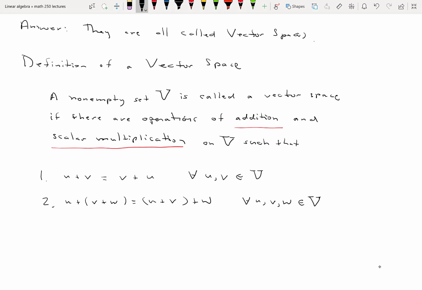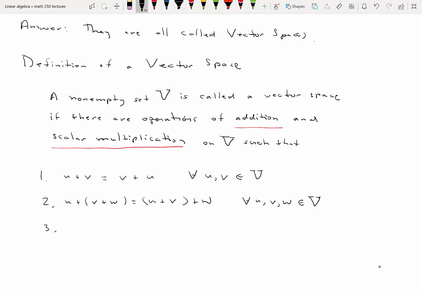You have potential trouble, because this is not a statement of the associative property of addition for real numbers. It's saying that the associative property of addition holds in this general sense, where u, v, and w are these completely abstract quantities, and the addition sign is some sort of addition. It need not even be related to real number addition or scalar addition.